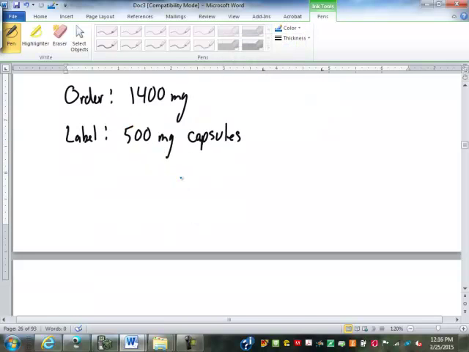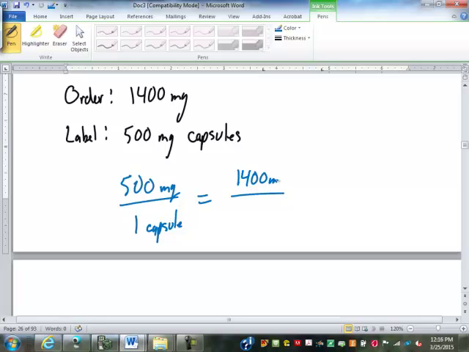This is a little bit more difficult to figure out what the initial ratio is, but it is 500 milligrams per one capsule. On the other side, we match up. 1,400 milligrams has to go with the milligrams. So this is going to have to be capsules down here. Cross multiply and divide, we're going to get 2.8 capsules.